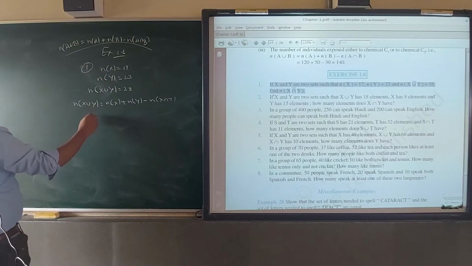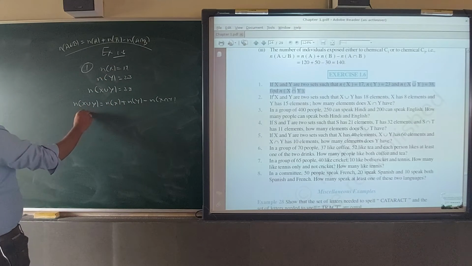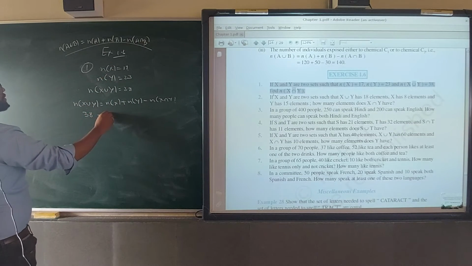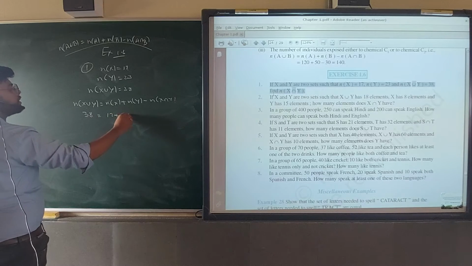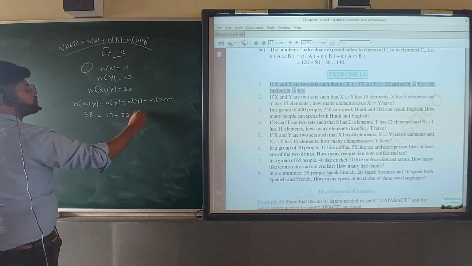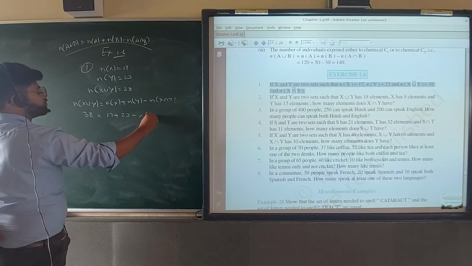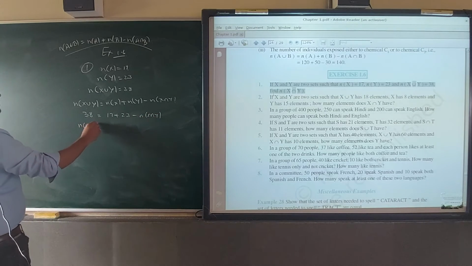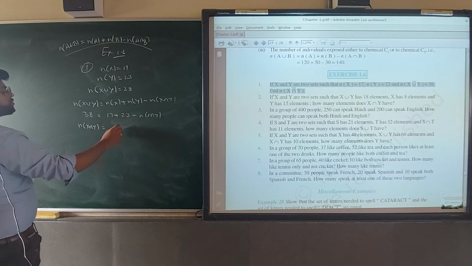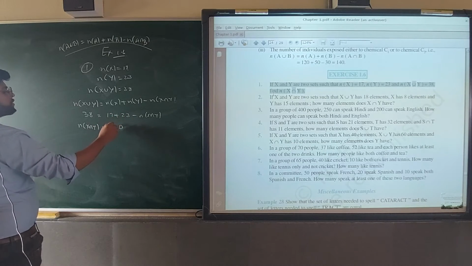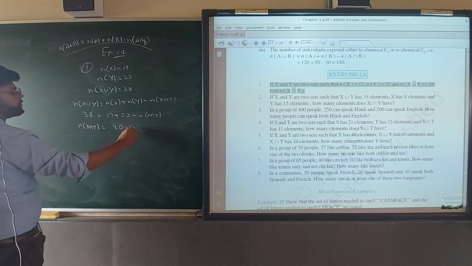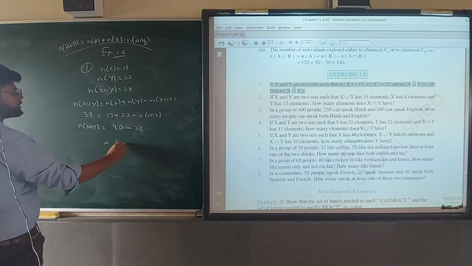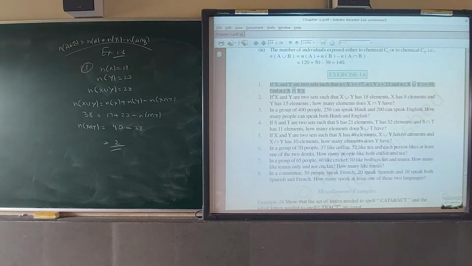Now union is given, that is 38, X will be 17, Y is 23. This we have to find, n(X intersection Y). This will be shifted here. That is 17 plus 23 minus, it will be 38. So n(X intersection Y) will be 2. 40 minus 38 will be 2.